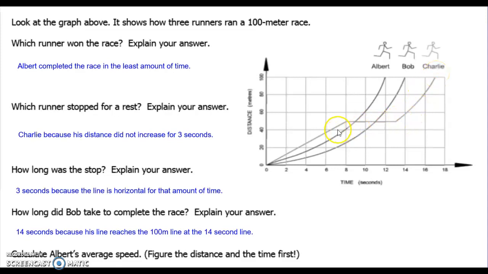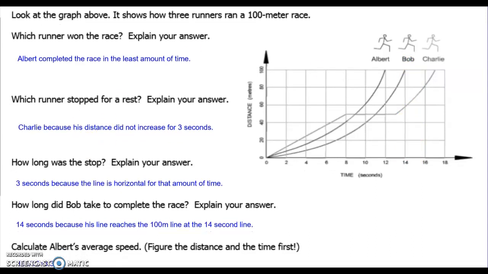So Charlie was the one that stopped, and he stopped for 3 seconds because the distance did not increase, but time continued. And how long did it take for Bob to complete the race? We see that here is Bob. He finished the race, and we look down and it's 14 seconds.